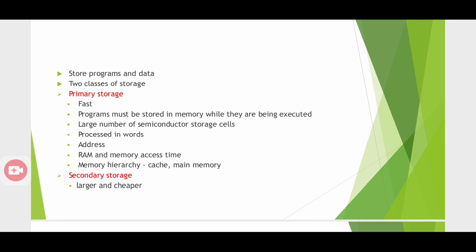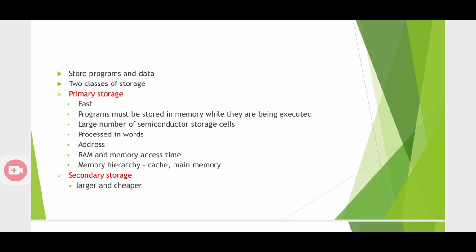So we have primary storage and secondary storage, or primary memory and secondary memory. Primary memory is fast, and programs must be stored in memory while they are being executed. It consists of a large number of semiconductor storage cells processed in words, and each main memory cell is associated with an address known as the word location or memory address.